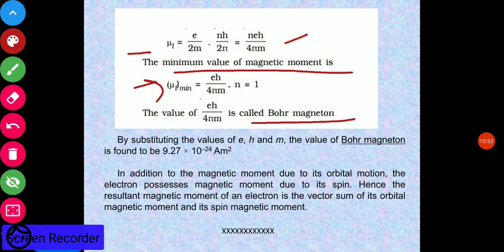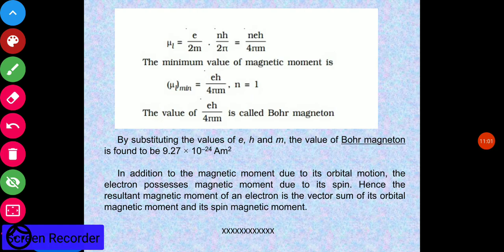Or we can say the Bohr magneton is the value of the magnetic moment for n is equal to 1. Now substituting the values of e, h, pi and m, the value of the Bohr magneton is found to be 9.27 into 10 raised to power minus 24 ampere meter squared.